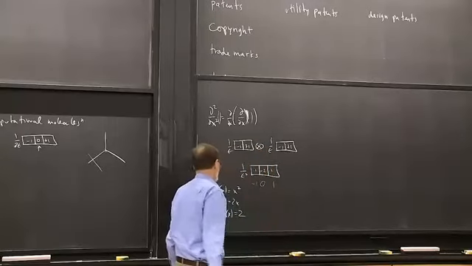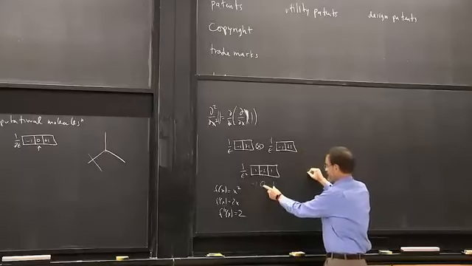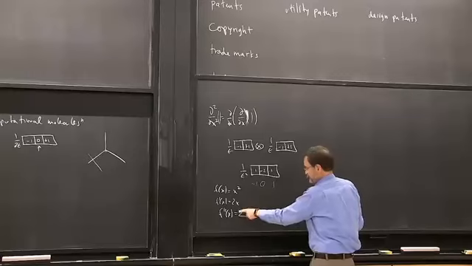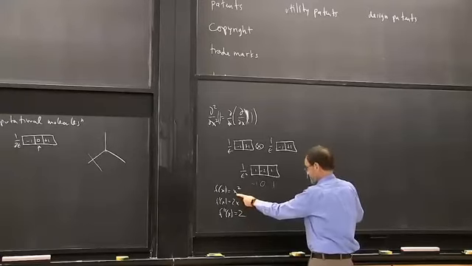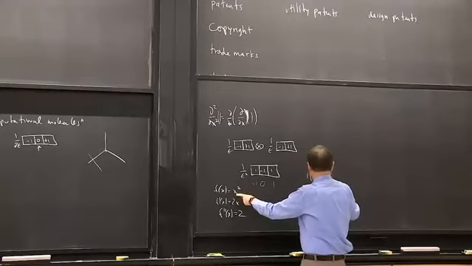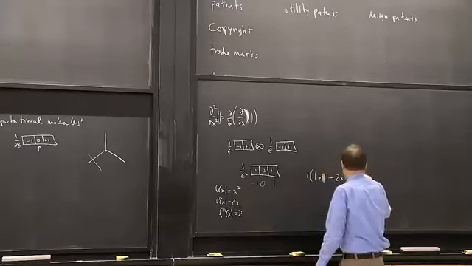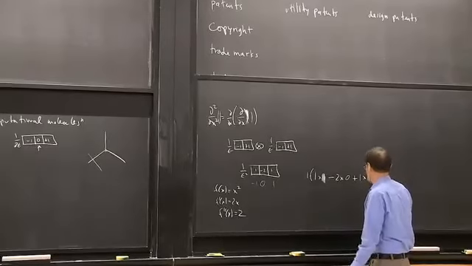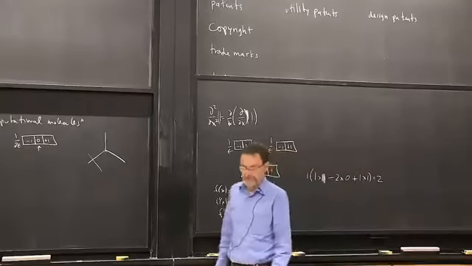We're plonking this down. And what do we get? Well, in this case, epsilon is obviously 1. So that's 1 times -1 squared, which is 1. Then we have -2 times 0 squared, and +1 times 1 squared. And so that's 2. Okay. So apparently it works.